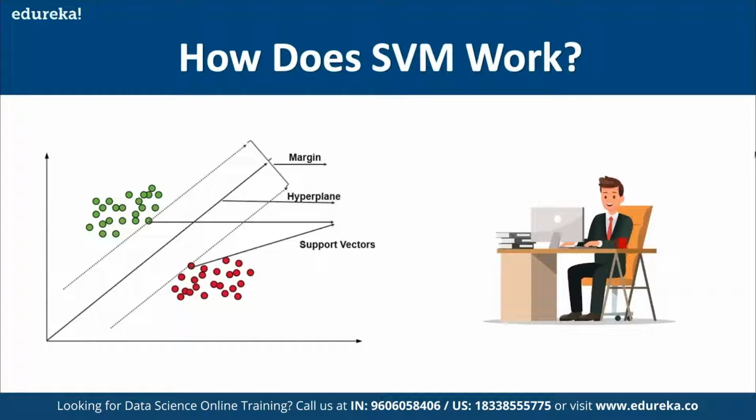To select the best hyperplane, SVM follows multiple steps. First, it generates hyperplanes which segregate the classes in the best possible way. Then we select the right hyperplane with the maximum segregation from the nearest data points.